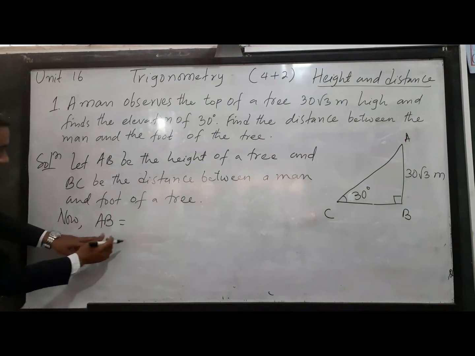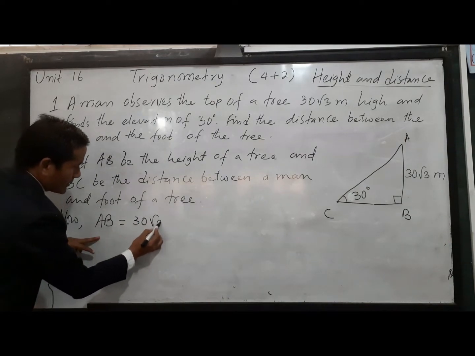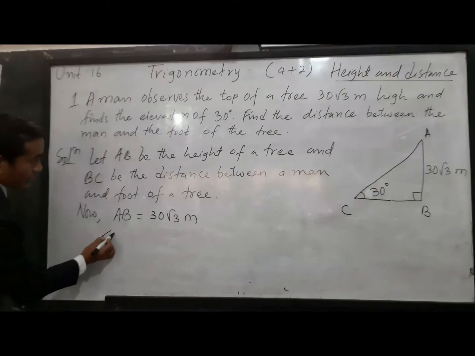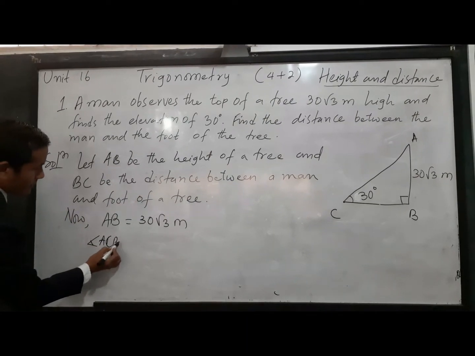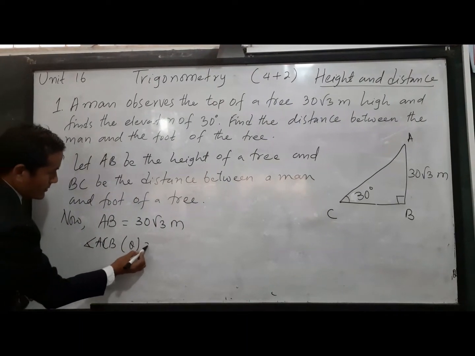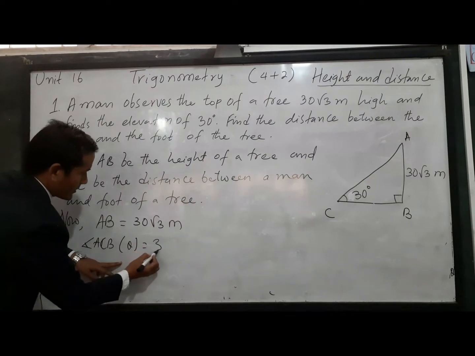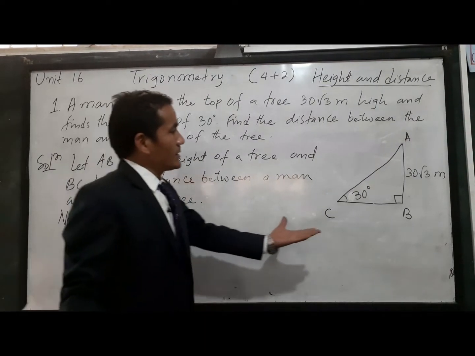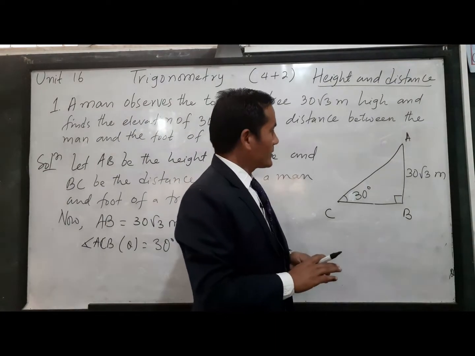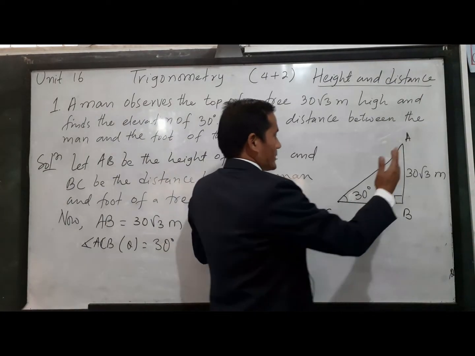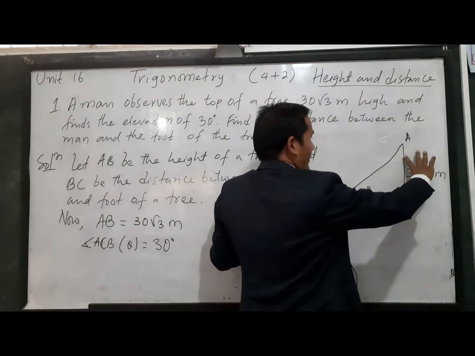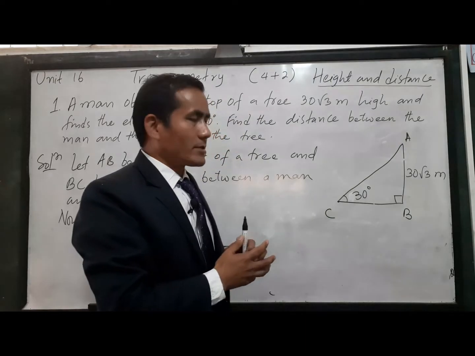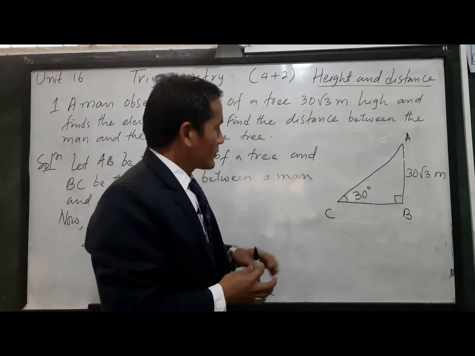The height of the tree is 30 root 3 meters, and let us consider the angle of elevation theta at C to be 30 degrees. So we have to find the side BC. In the right angle triangle, perpendicular and base are involved, so which trigonometric ratio will we use?